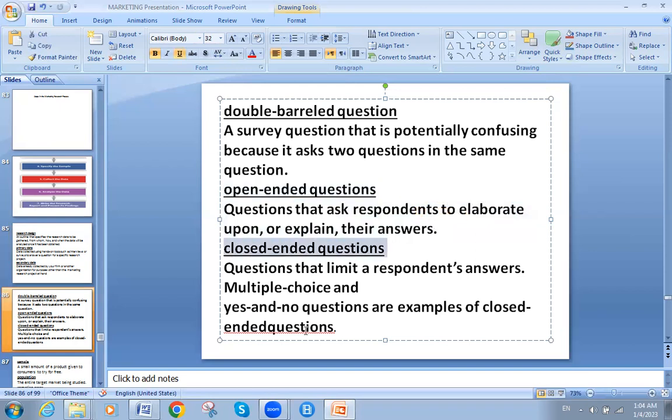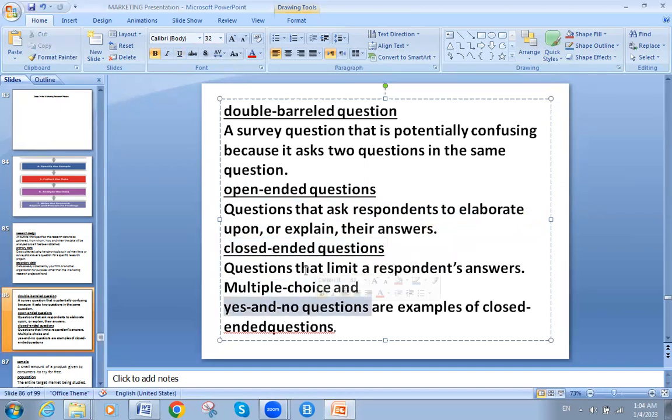Closed-ended questions are questions like multiple choice questions. With this kind of question, you don't leave a chance for the respondent to explain what he wants, either emotionally or ideas, because you tell him this, and he has to choose one of them, like the multiple choice questions.